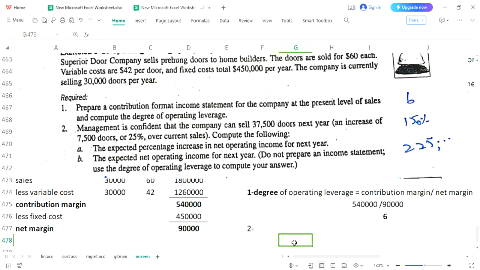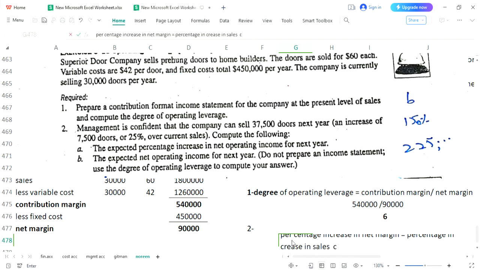Now we can have this: percentage increase in net margin. How would we calculate it? Percentage increase in sales, and you will multiply it with degree of operating leverage.